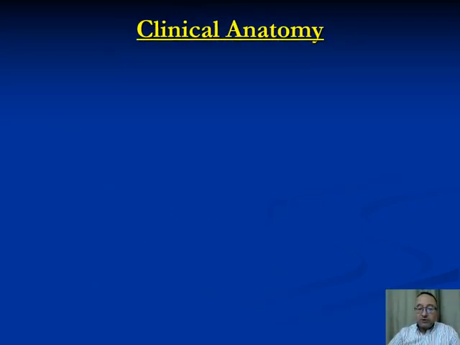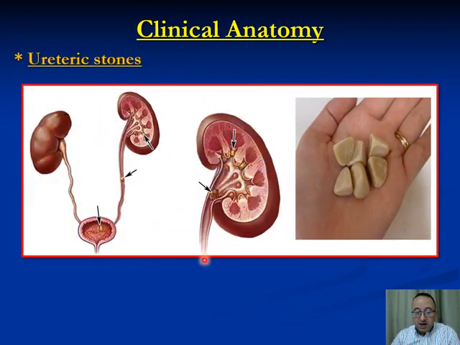What is the importance of those areas of anatomical narrowing of the ureter? Yes, we hear about ureteric stones. These are stones which are formed either primarily inside the ureter or secondary to stones already formed inside the kidney and descending down in the ureter.